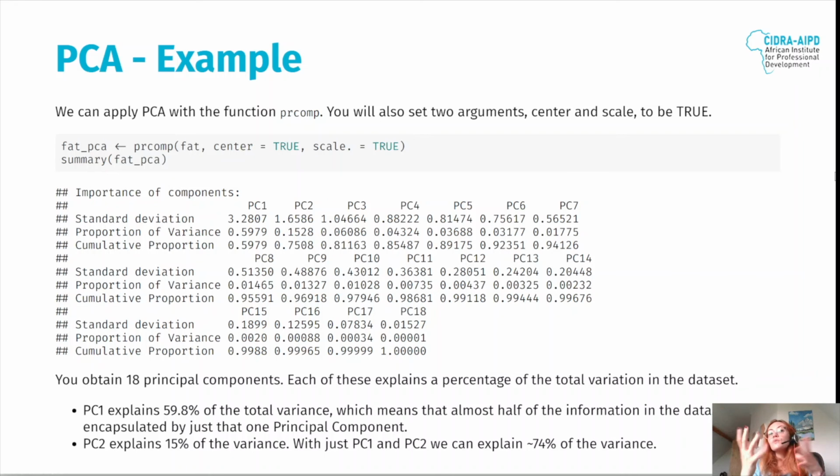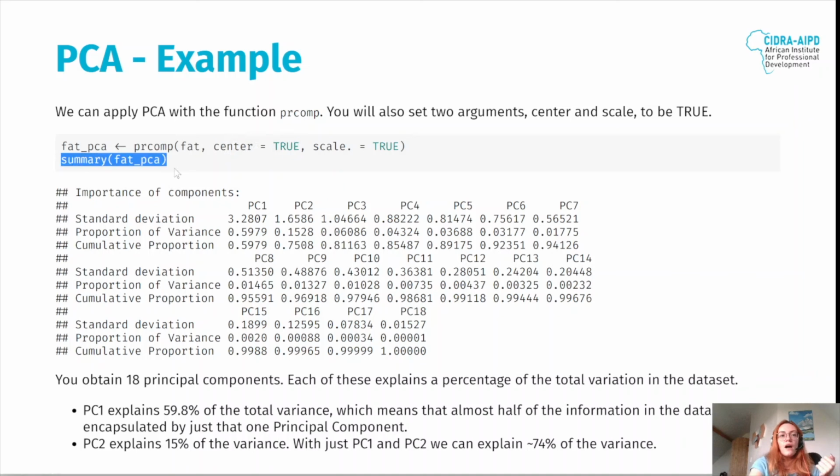What it's doing behind the curtains is that it's going to center and scale your data first and then apply the methodology. So I'm saying center equals true and scale equals true, which means I'm applying the Z normalization. I'm removing the mean and dividing by the standard deviation. So it's a 0, 1 normal distribution.